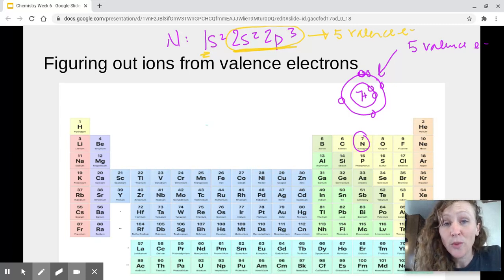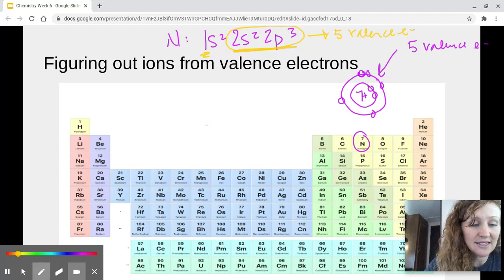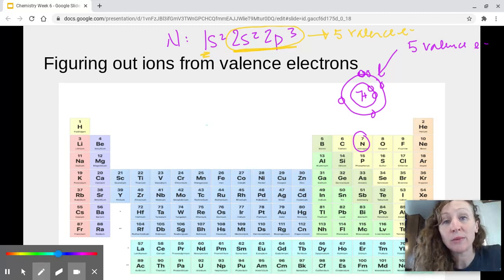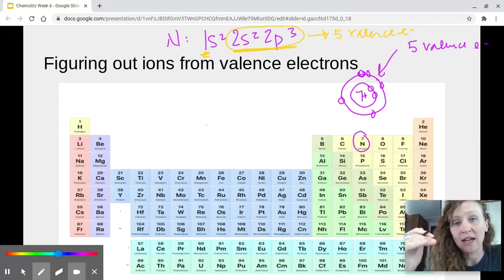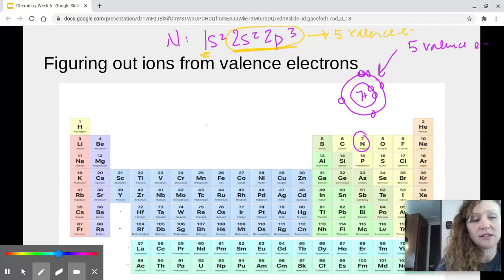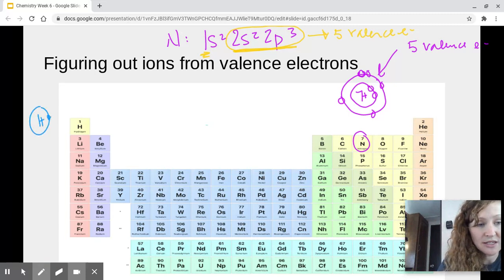Now, there is a third way to figure out how many valence electrons an atom has, and that is when you look at the families on the periodic table. We have shown before that the families on the periodic table all have consistent outer shells. I'm going to do this for the first family just because it's the least amount of electrons.